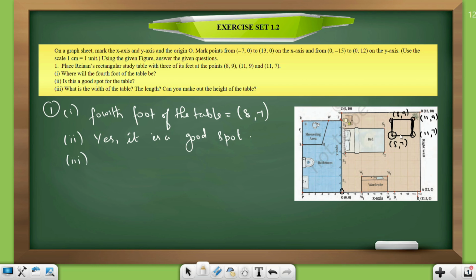To find the width of this table, since this is a rectangle, first let's draw the rectangular table again here. The coordinates are 8 comma 7, 11 comma 7, 11 comma 9, and 8 comma 9.